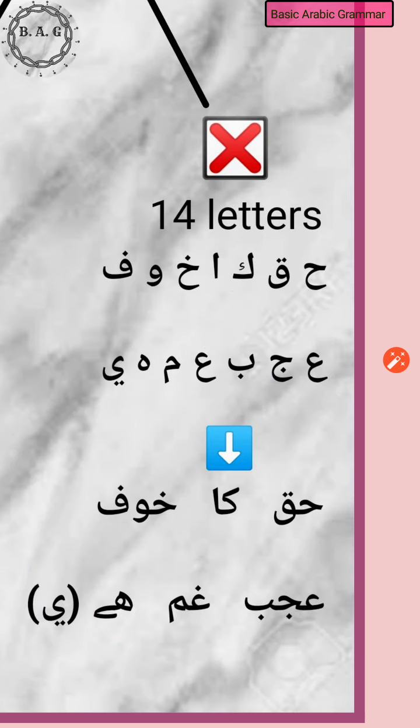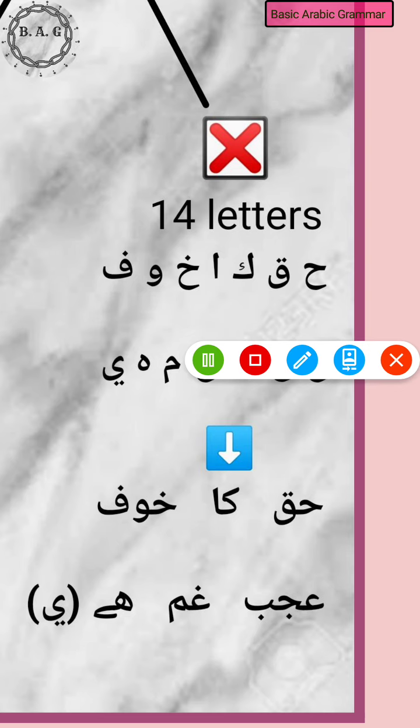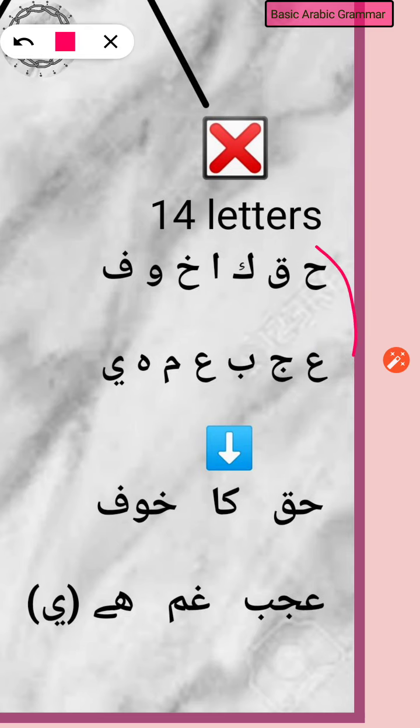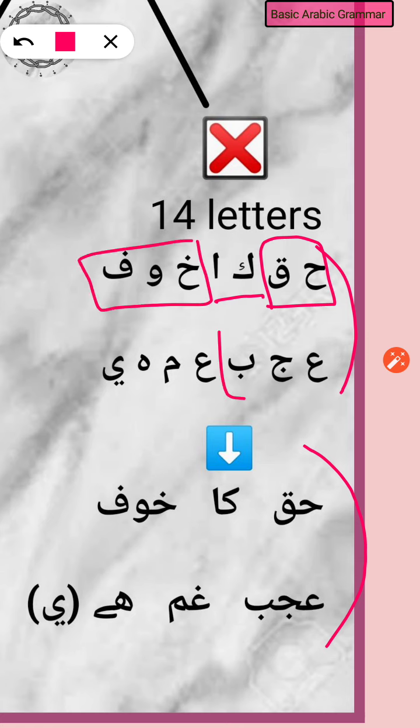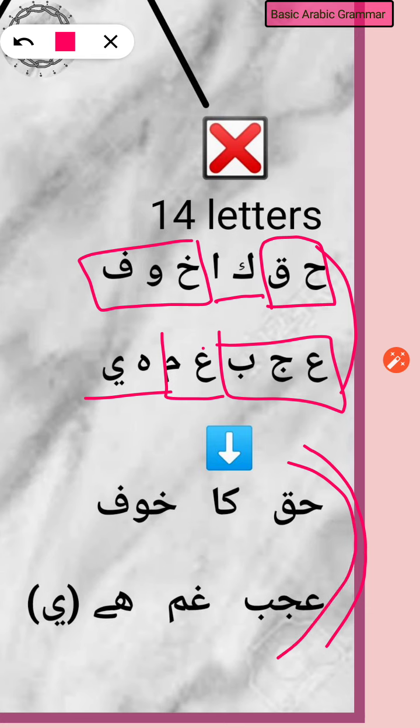Okay, so once again, we have the 14 letters. These 14 letters have been arranged in this mnemonic, or acronym rather, because we have haq, ka, khawf, ajab, gham hai.